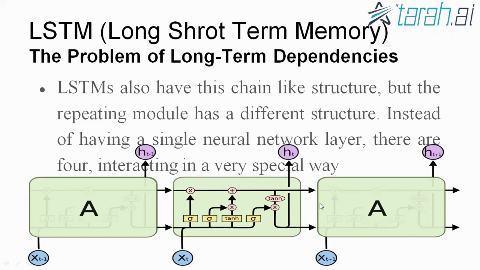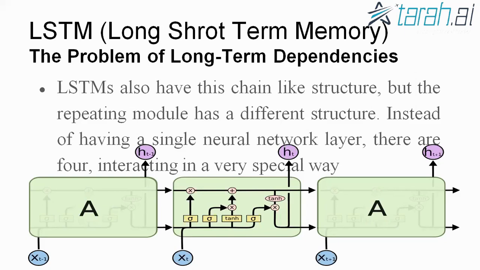So if you see, the overall output coming out from a single node is not a simple function of HT minus 1 and XT, but it consists of a sequence of transformations, including gated outputs after passing the inputs through different activation functions.